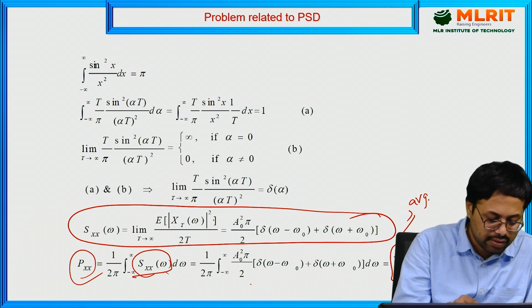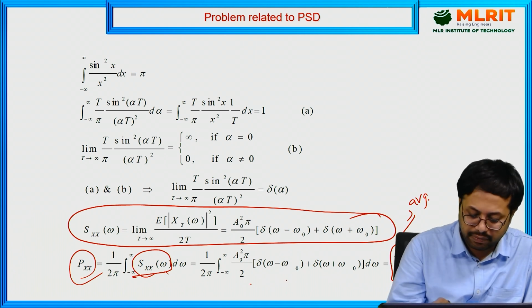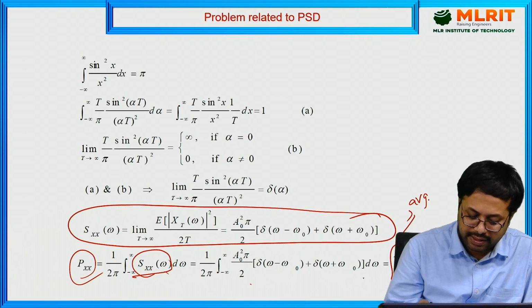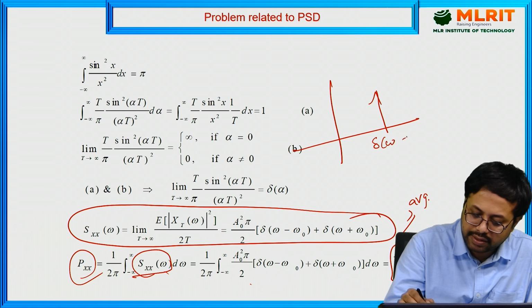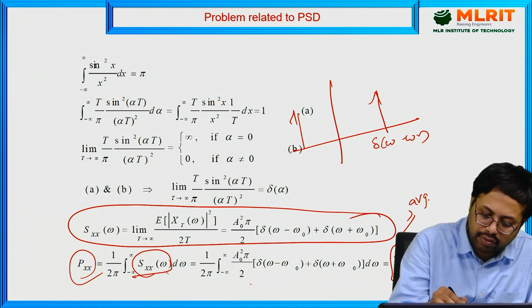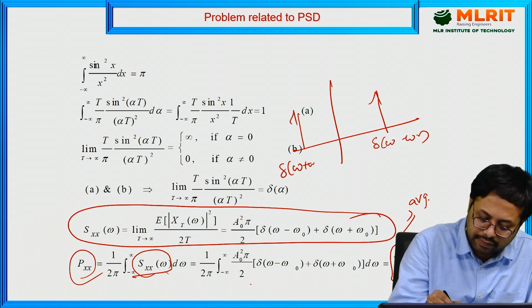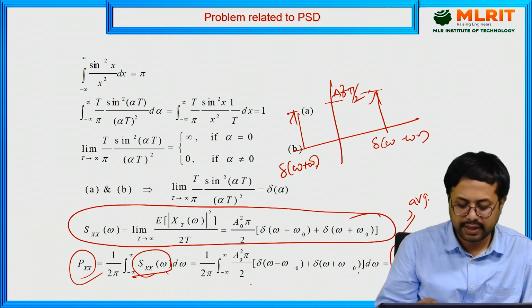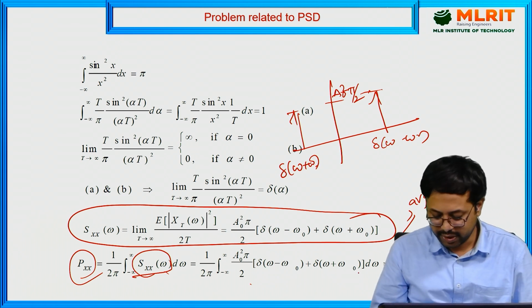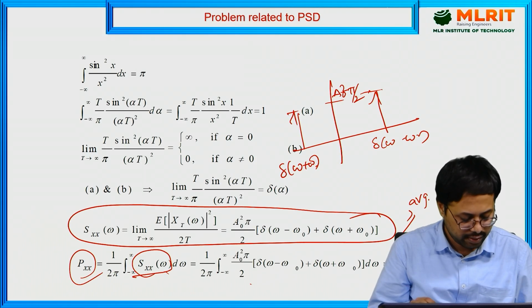Substitute the power spectral density terms, with delta of omega minus omega naught and delta of omega plus omega naught, and we have A naught square by 2. Then the resultant is A naught square by 2.